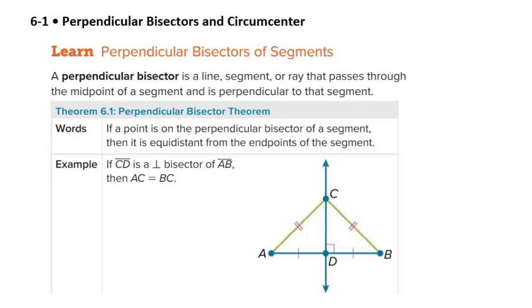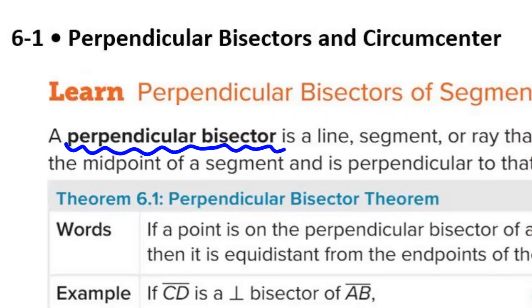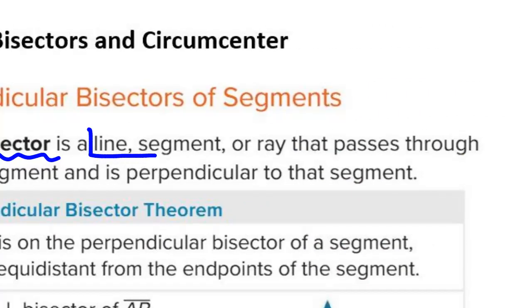Right, so continuing our conversations about triangles, we're going to start by talking about perpendicular bisectors of segments. A perpendicular bisector is a line, segment, or ray that passes through the midpoint of a segment.